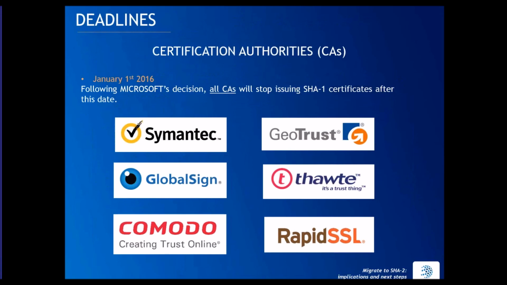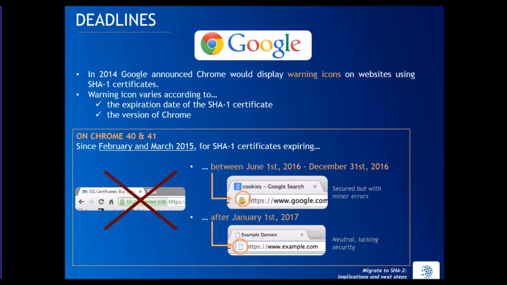If your certificate expires before January 1st, 2016, you can still get a SHA-1 certificate, but its validity period can't go beyond January the 1st of 2017. And that's for all certificate authorities. It's not just the ones that you see on screen here. Every single certificate authority is going to be following these rules.